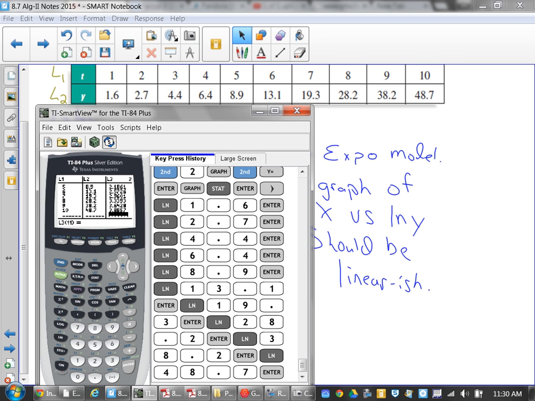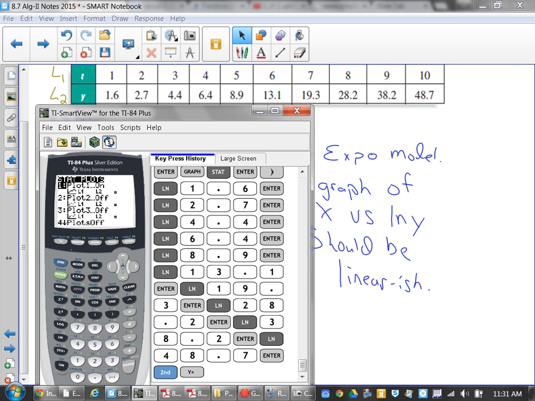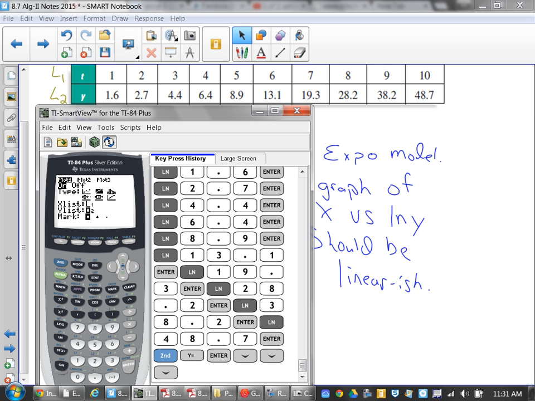So right now, I'm going to change what we have to graph. Go to your stat plot, second y equals, hit your stat plot. Right now, your lists are between L1 and L2. I want to change it to L1, L3.